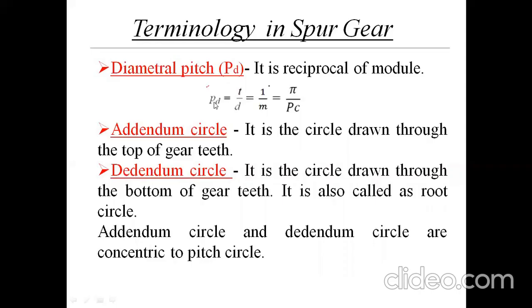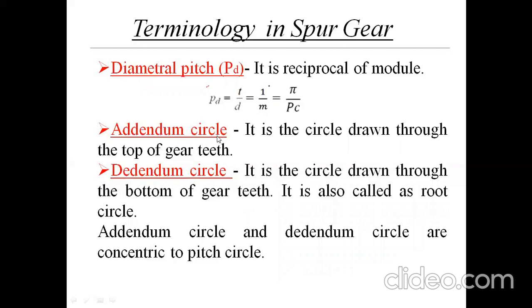So diametral pitch becomes t by d, or it is pi divided by circular pitch, and circular pitch is again pi into module. So pi gets cancelled, and again you get the same value, 1 upon m.